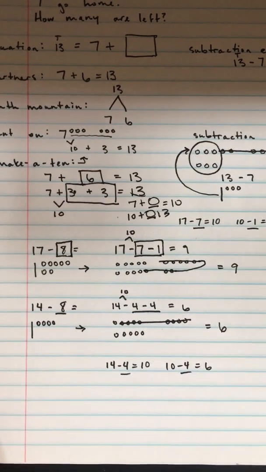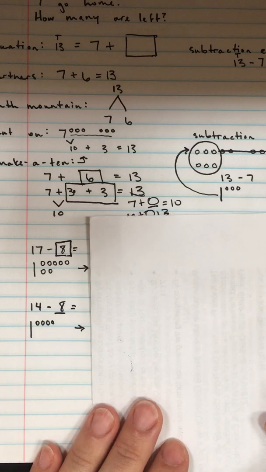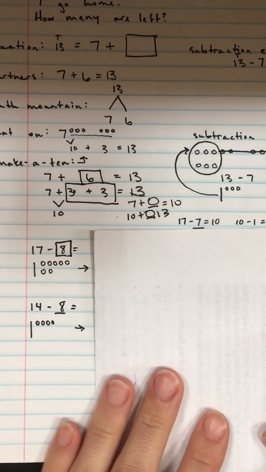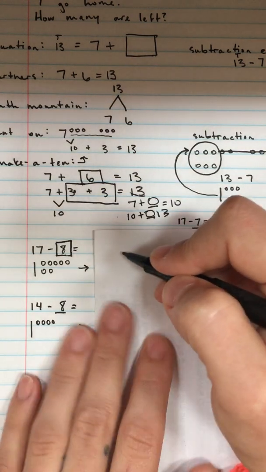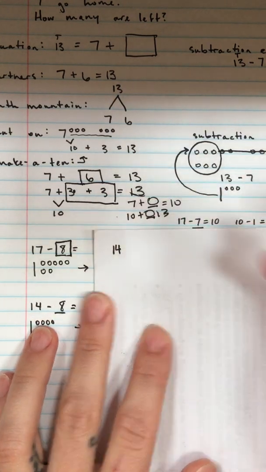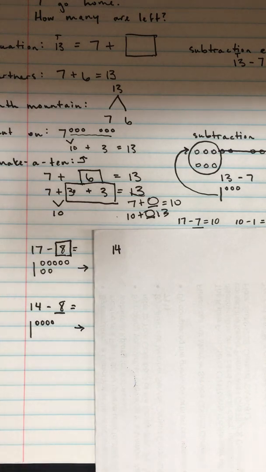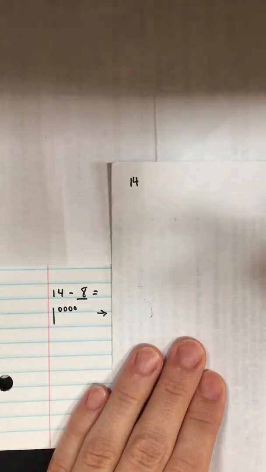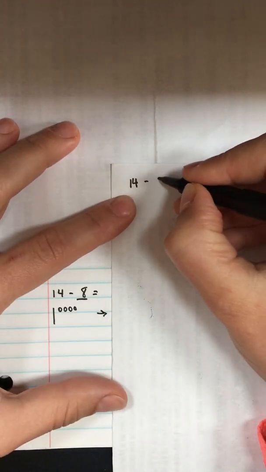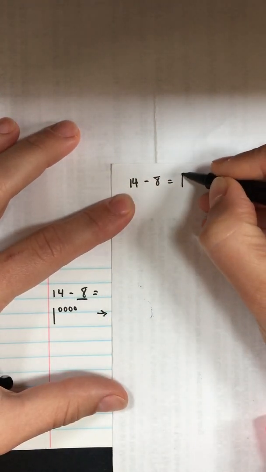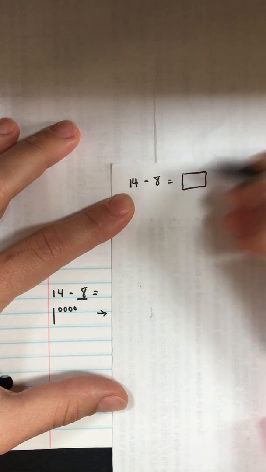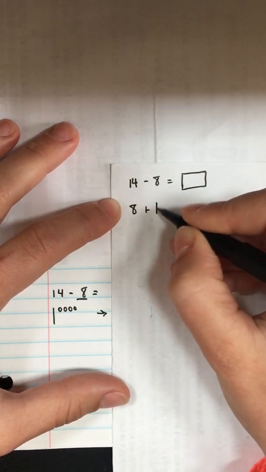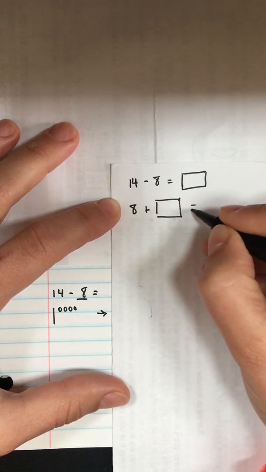We might write this second one out differently. So we're going to do 14 minus 8. So let's start with a different way we can think about this. So 14 minus 8 equals something we don't know. Well, we can also think about that as 8 plus the thing that we don't know equals 14.